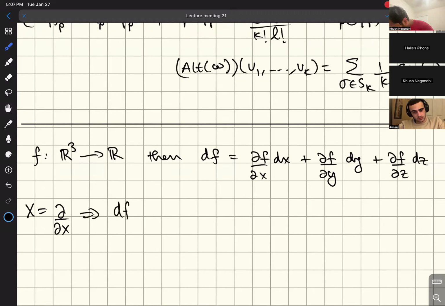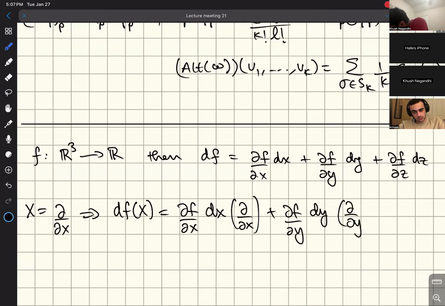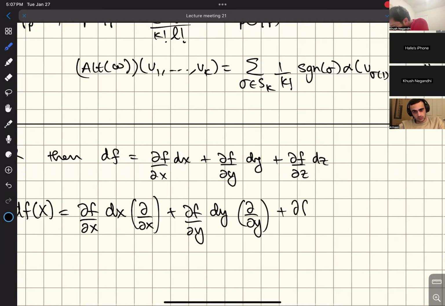And we see that if I apply this to this, all I get is partial f partial x dx, plus partial f partial y dy, plus partial f partial z dz, applied to partial x. There should be an x here.